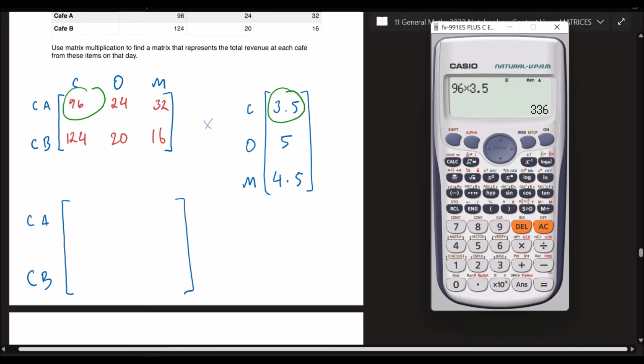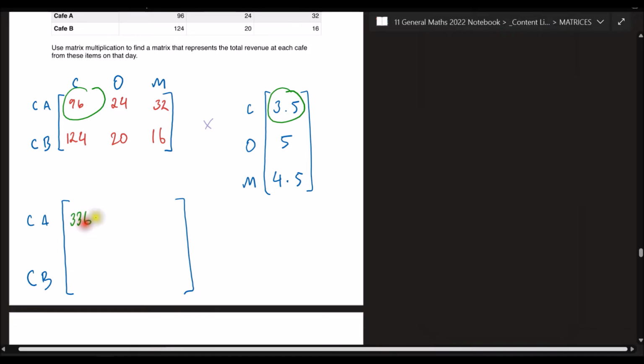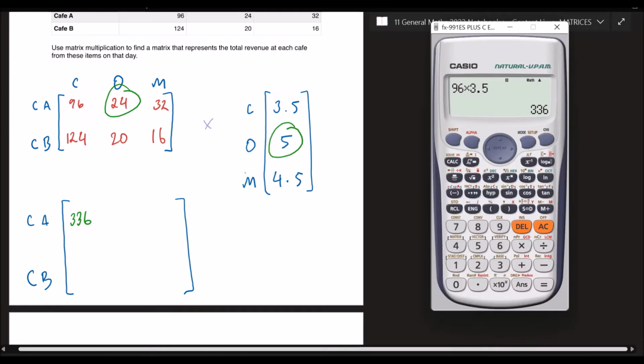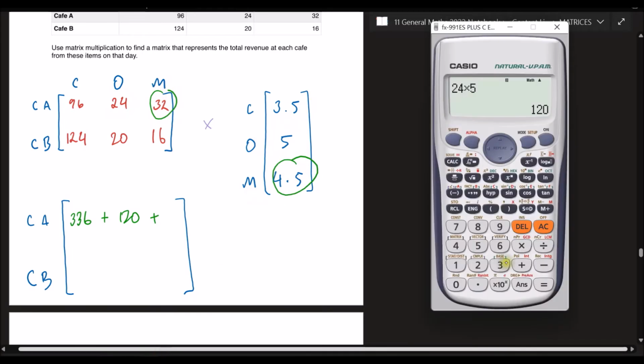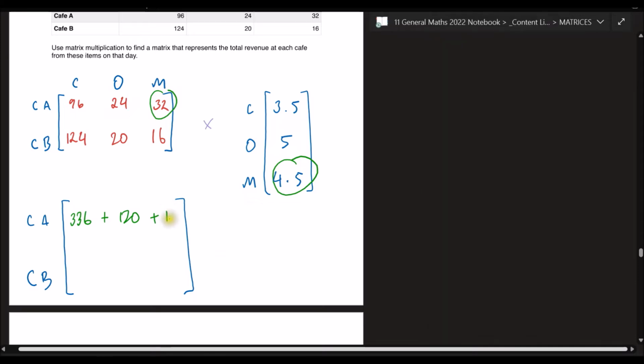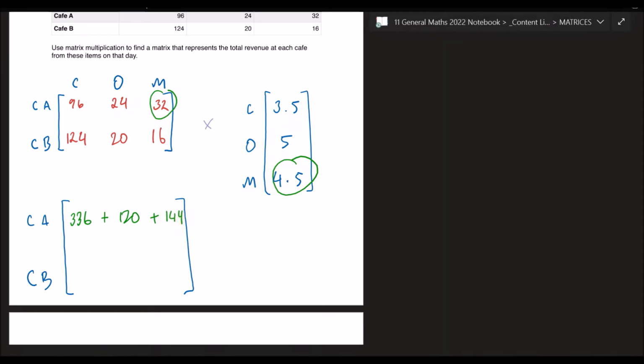So 336, 24 by the 5. So 24 by 5, 120. And then the 32 by the 4.5. So 144. There's your first row done.